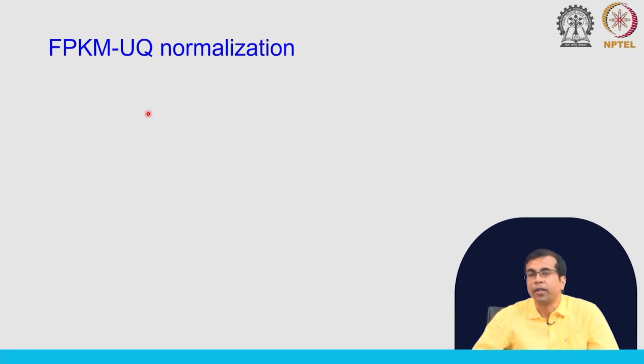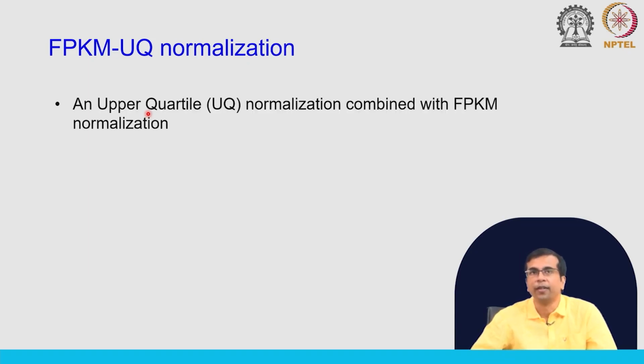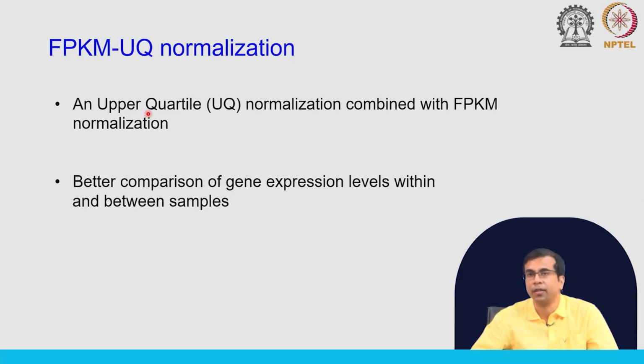Now, there is a hybrid method that combines FPKM with upper quartile normalization. In FPKM, what you end up with is that the total count is different for each sample, and you can address that by combining it with UQ normalization. Here the upper quartile normalization is combined with FPKM normalization, and this helps us in a better comparison of gene expression levels within and between samples, because we are doing a within sample normalization, which is the FPKM, followed by a between sample normalization, which is the UQ normalization.